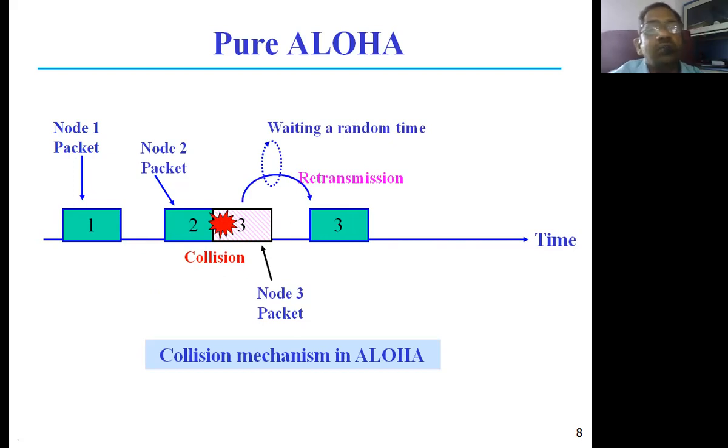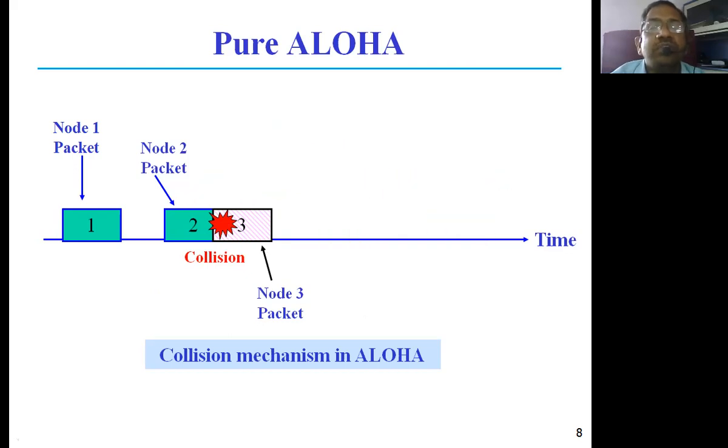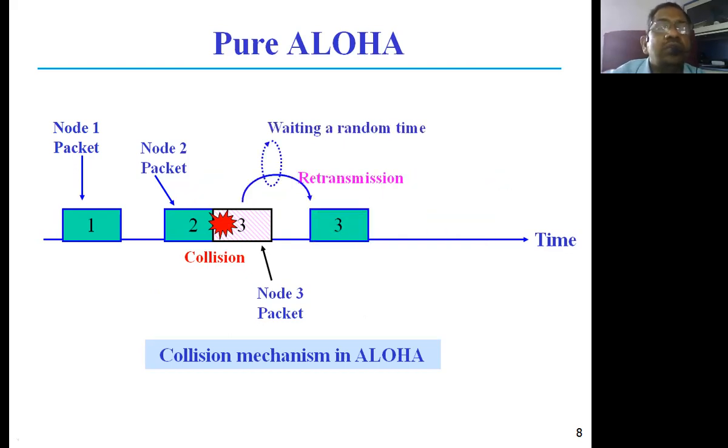See the scenario now. Say node 3 wants to transmit the data. A collision takes place here, and node 3 waits. The context is pretty simple: whatever packet is coming, I just want to transmit. So after waiting a random amount of time, retransmission takes place.